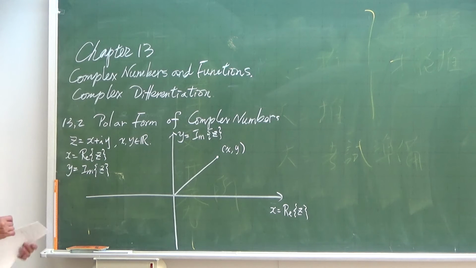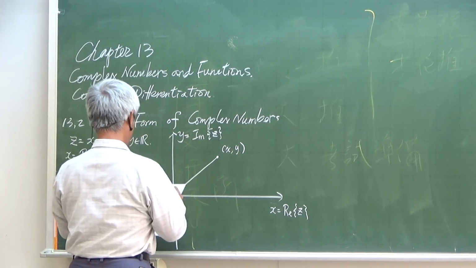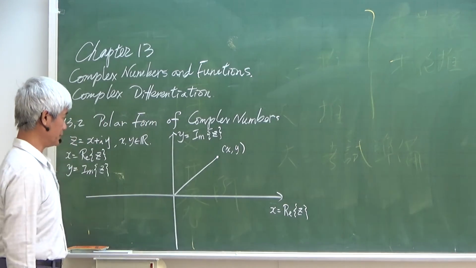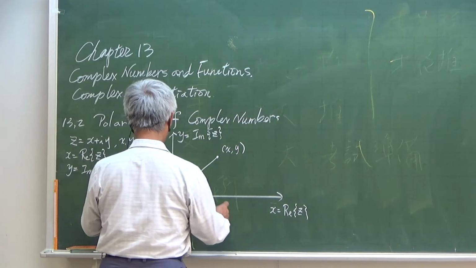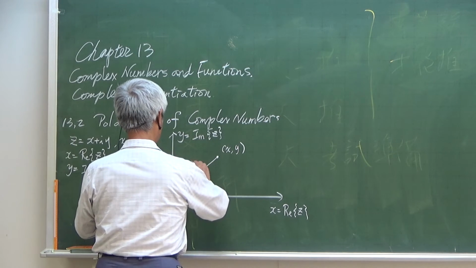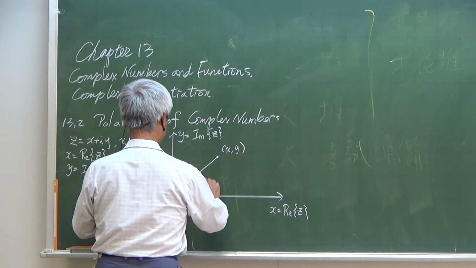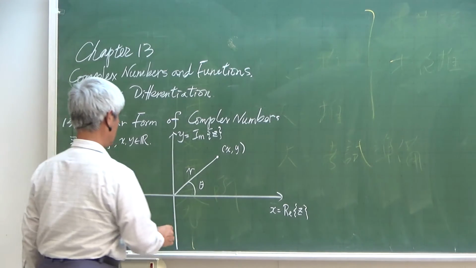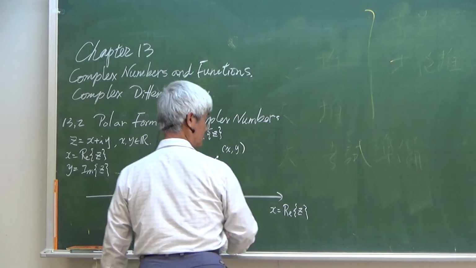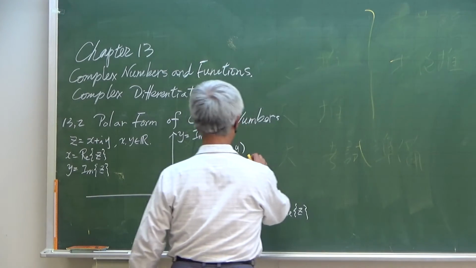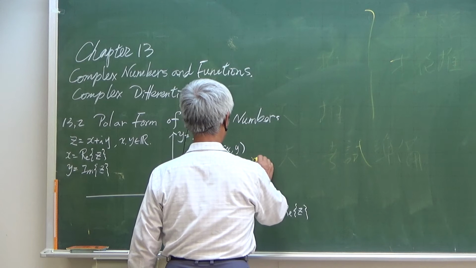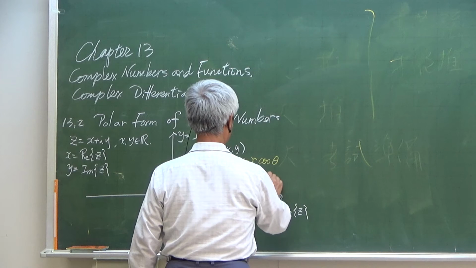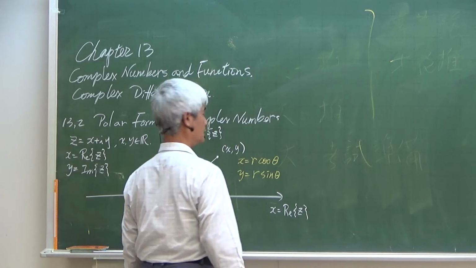Okay, coordinate representation. And we know that for any point, basically we have a polar representation. So we know that with polar representation, we have x is equal to r cosine theta, y is equal to r sine theta. All right.